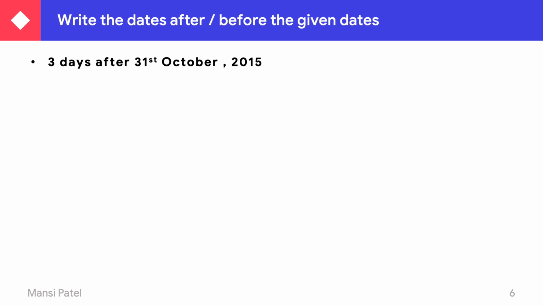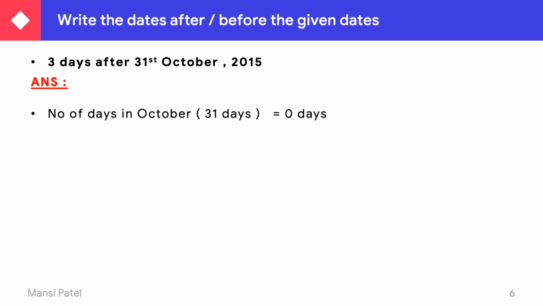Let us see first how many days are left in October. October has 31 days in total. Our period starts from 31st October, so there are no days left in October. We just write down 0 days.